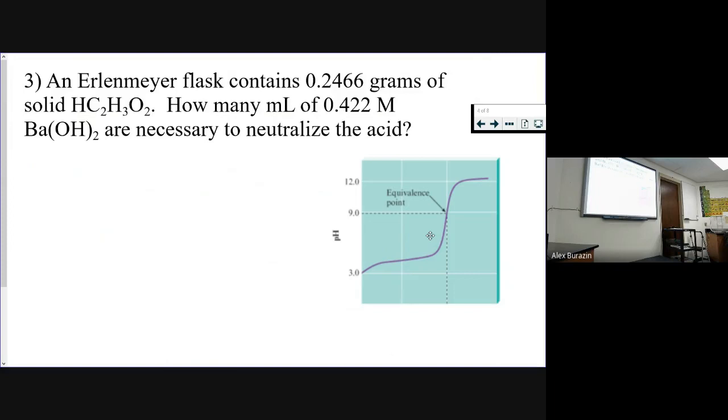You're going to take two of the base. So just two of the others, right? Yeah. Because it's an acid, it's H plus ion.